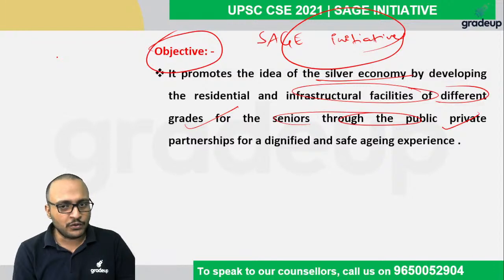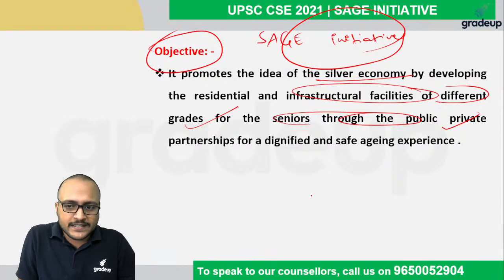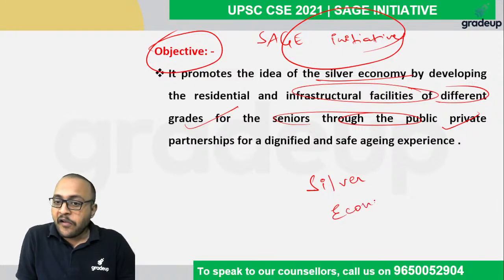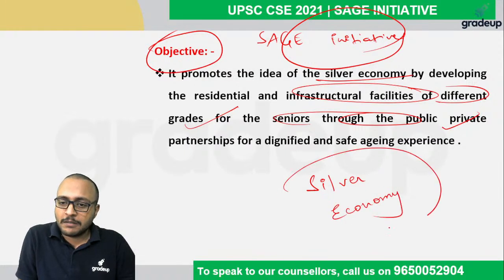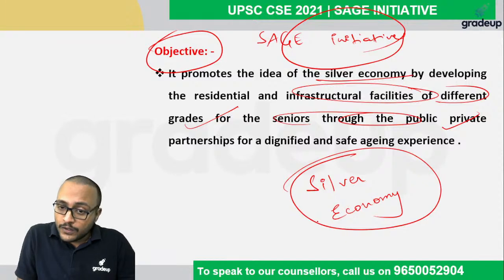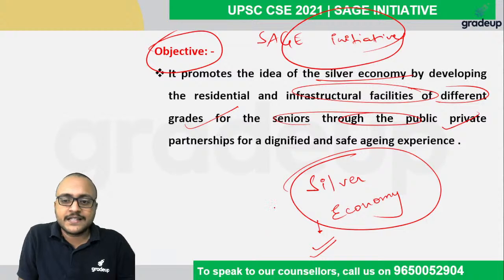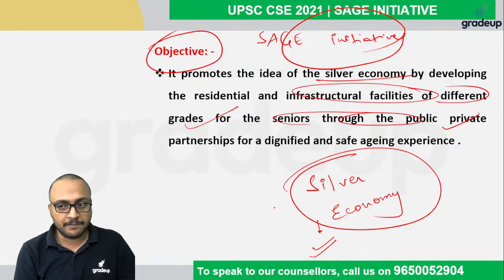I hope all of you got a clear idea of the meaning of the term silver economy. Guys, it can be very important for UPSC, also for the mains, so make sure that you learn this very clearly. Got it, everybody?